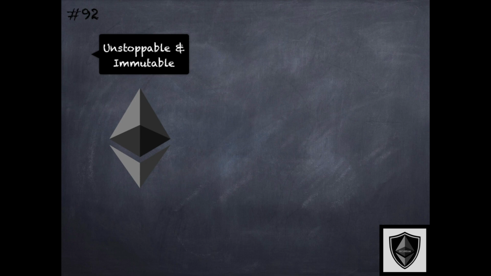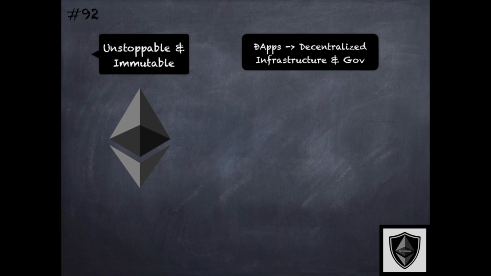The other related concept is that of the applications and the infrastructure being unstoppable and immutable. We talked about dApps and how they run on a decentralized infrastructure. The goal is, even for the governance of these protocols and infrastructure, to be decentralized.